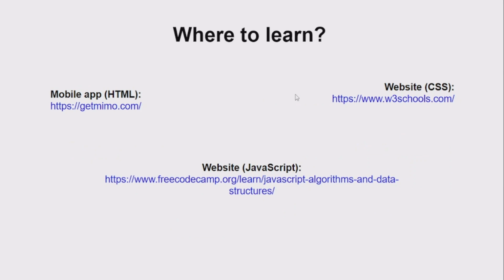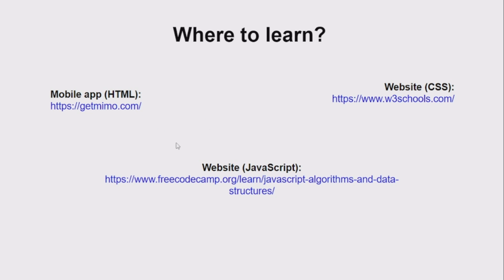Okay, now let's talk about where to learn that basic knowledge that I was talking about. You're going to need a mobile device in the first place, and HTML is essential. So I would recommend you learn HTML from Mimo. I don't know what device you're on, so I'm going to give you their URL, which is getmimo.com, and they have two links.